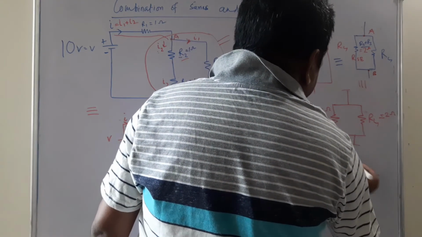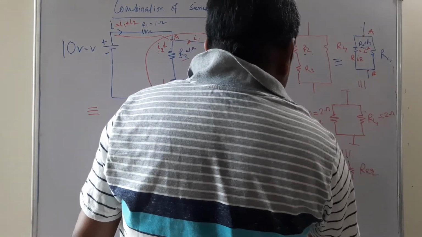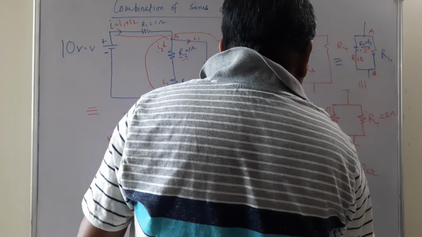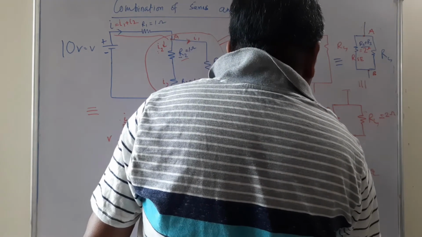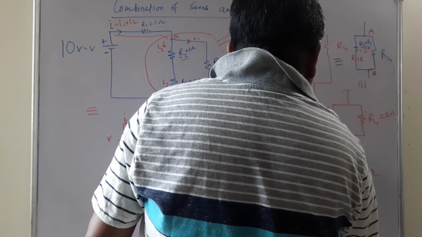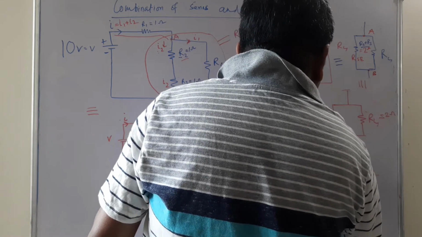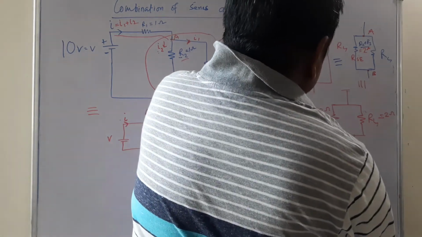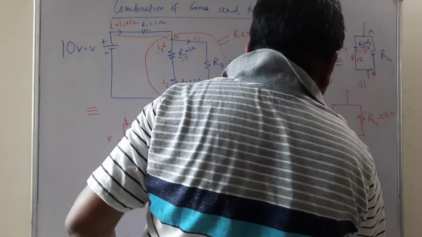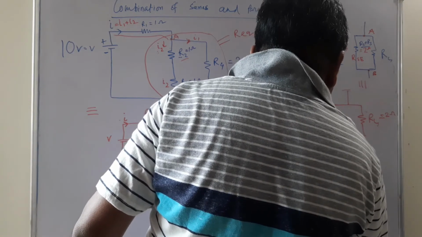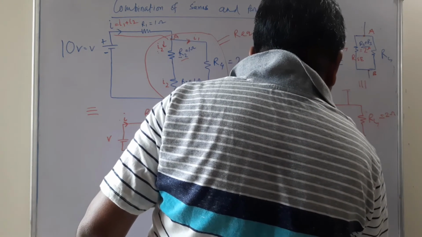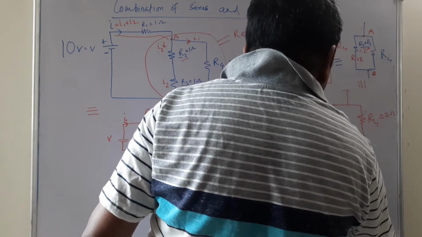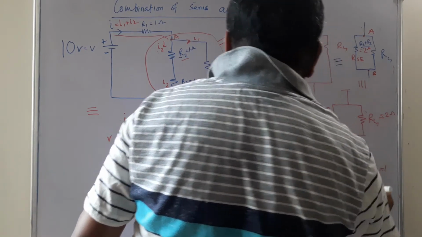Now this is a parallel resistance, right? So here 1 by Req is equal to 1 by RSE plus 1 by R4. So I know this is 1 by 2 and this is also 1 by 2. So this is 1. So Req also will be 1. Okay.